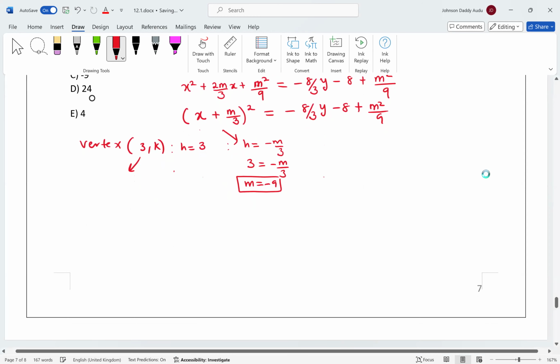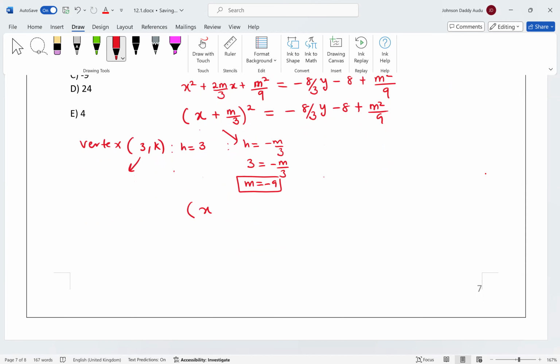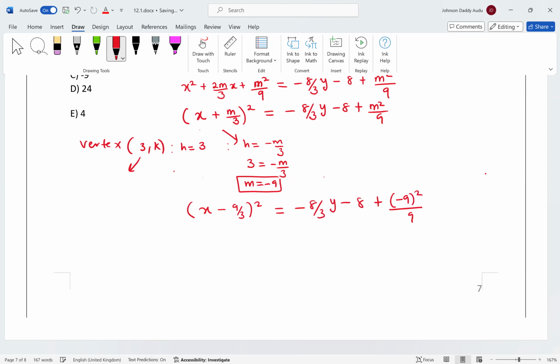So it means we can write the equation. It will just become x minus 9 over 3 squared is equal to minus 8 over 3y plus minus 9 squared over 9.